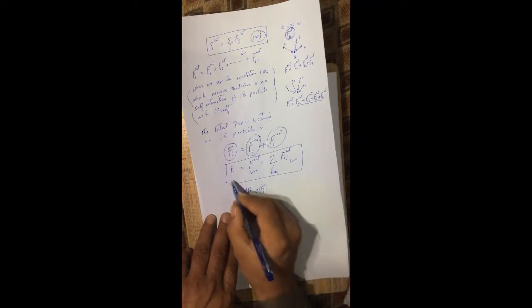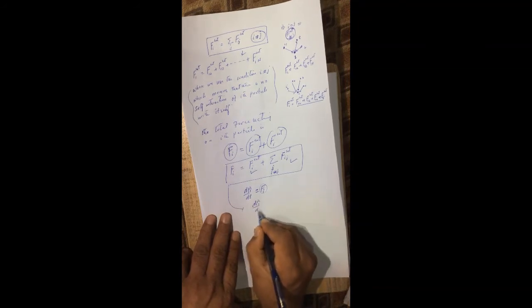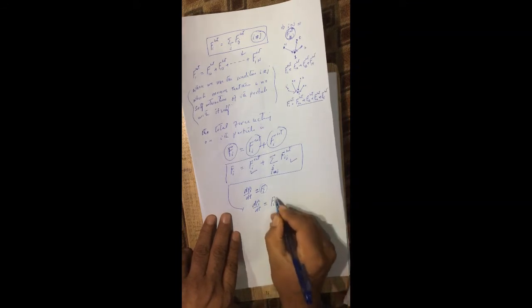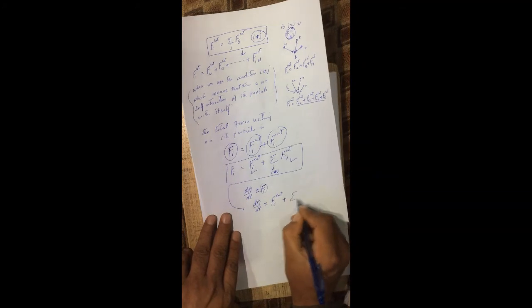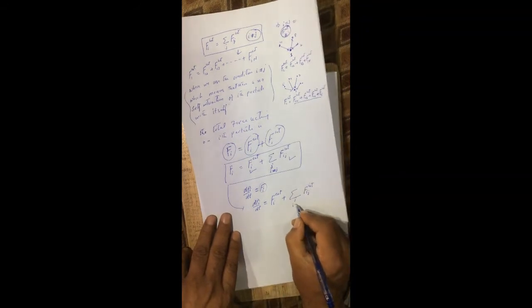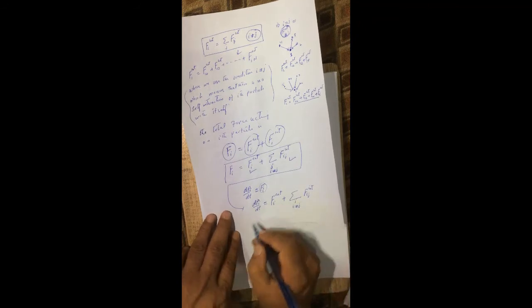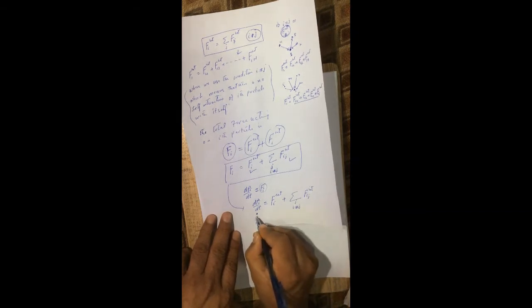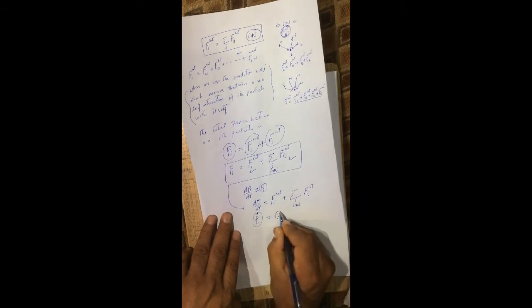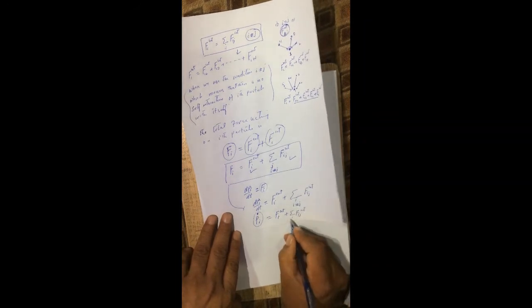So I can write F_i, which is equal to dp_i over dt, which is equal to F_i external plus the sum over j of F_ij internal, such that i is not equal to j. I represent dp_i over dt by p_i dot, where p_i dot represents the time derivative. So dp_i over dt, which is equal to p_i dot, is equal to F_i external plus the sum over j of F_ij internal, such that i is not equal to j.